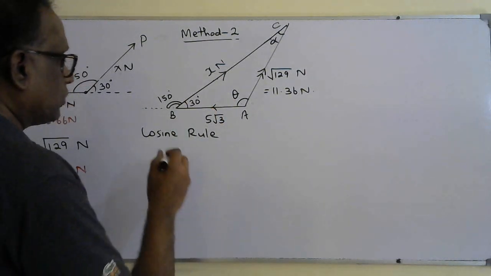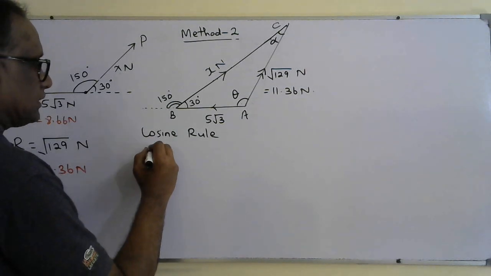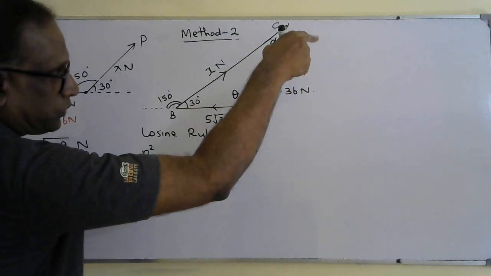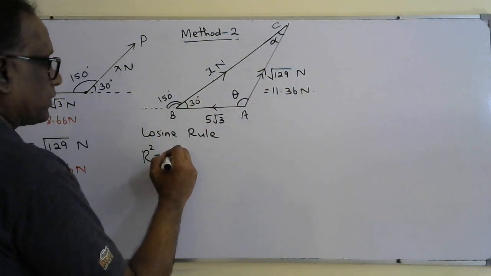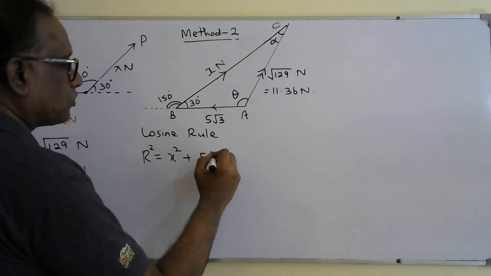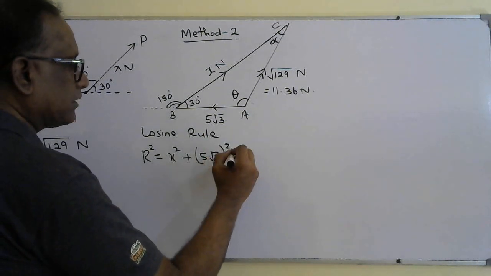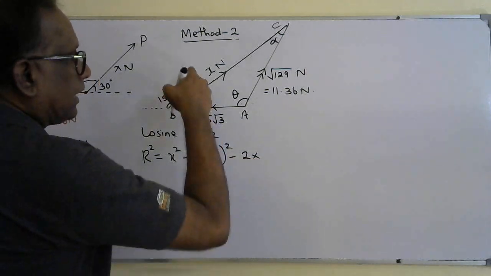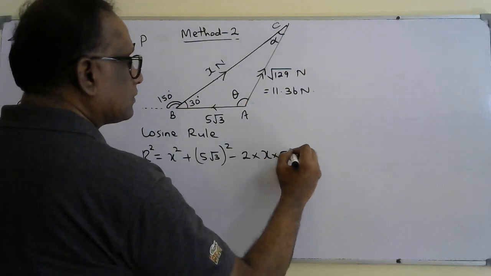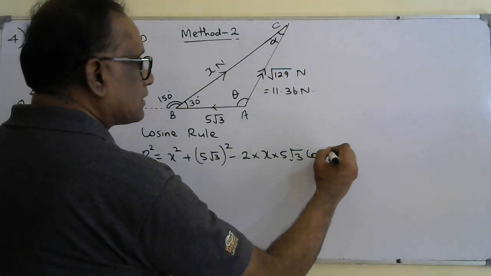All books have it. So I'm going to substitute r squared, 129, the square root squared. R squared is equal to x squared plus 5 root 3 squared minus 2 times x times 5 root 3 cos 30.